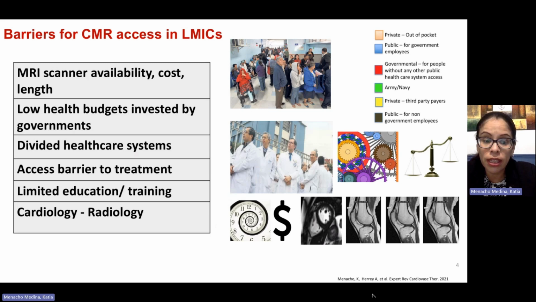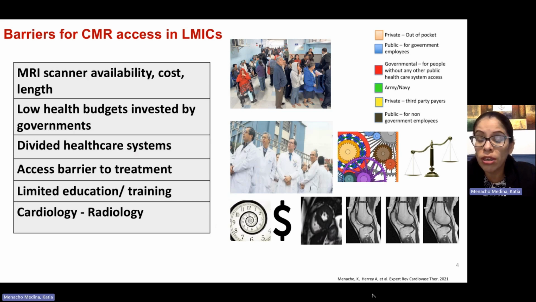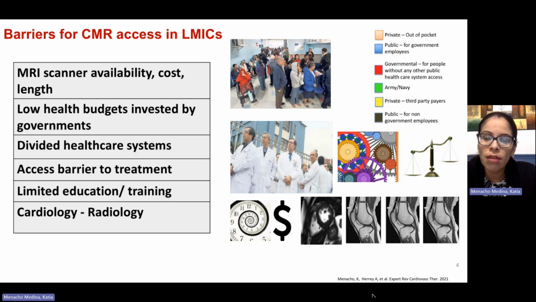The problem is that, especially in low and middle income countries, we have different healthcare systems. We can divide them into the private, with different rules; the public governmental, mainly for employees; another public governmental system for people with poor economic resources; and then the army and the navy, so the budget allocated by each sector is different.